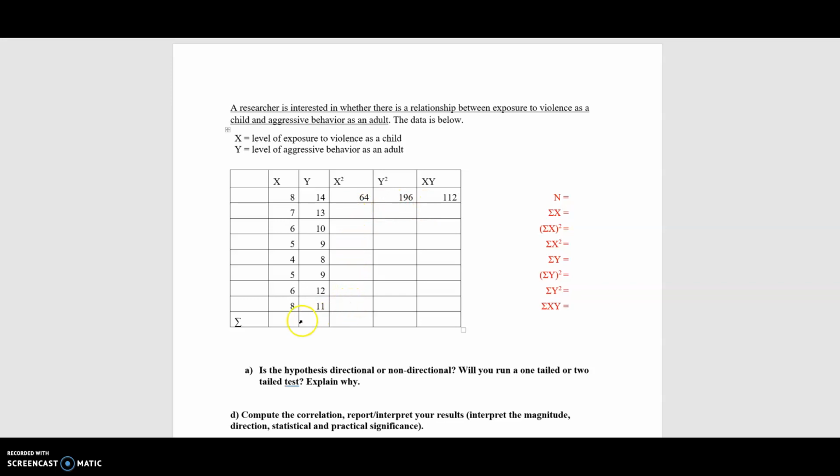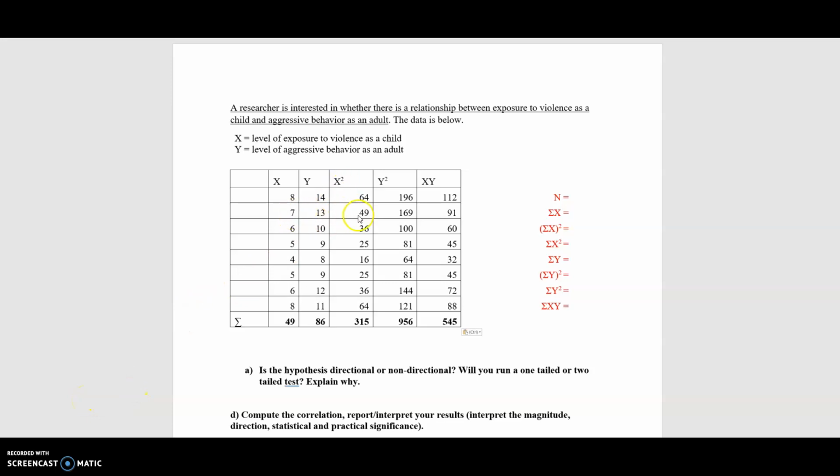After we're done, we're going to add up our columns. So for example, for x, we add them up, it's 49. For y, we add them up, down the column, and it's 86. Now I'll show you a completed version. Okay, so here I've filled in the remainder of the matrix.